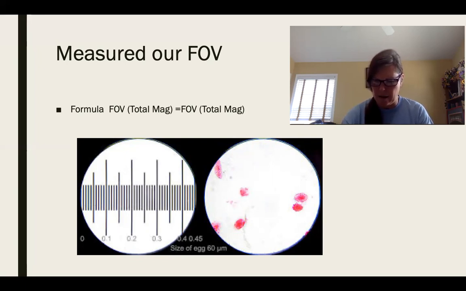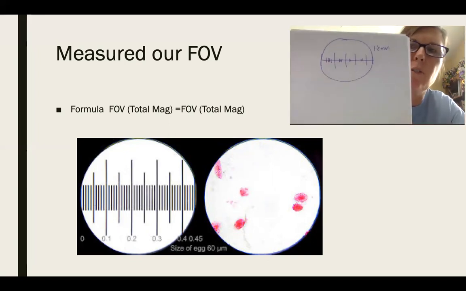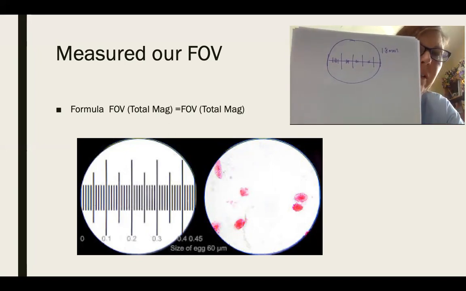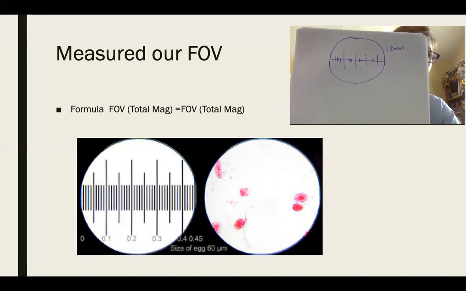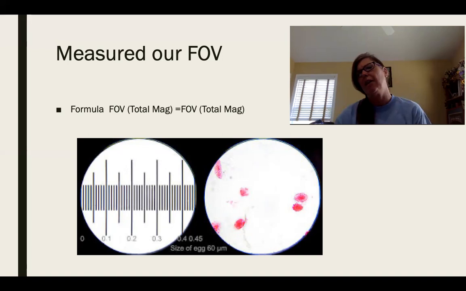So we would have had these nice little measurements in here. I'm just going to throw my fake ruler in here. So we would have had this measurement. It would have been 1.8. We would have done this lab mostly together anyways. But it is 1.8 millimeters across.